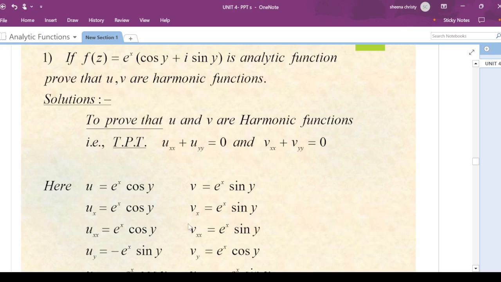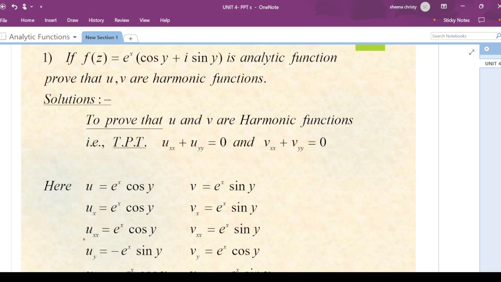First order differentiation of v with respect to x is e power x into sin y. Differentiating again with respect to x, you will get e power x, whose differentiation is e power x itself, cos y, and differentiating v again with respect to x, you get e power x into sin y.